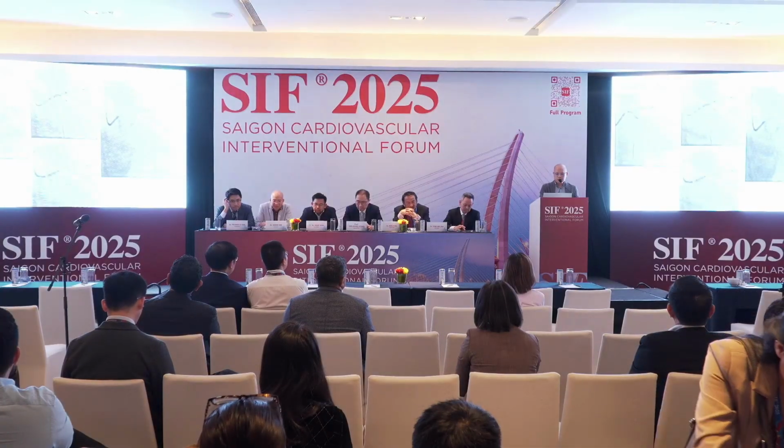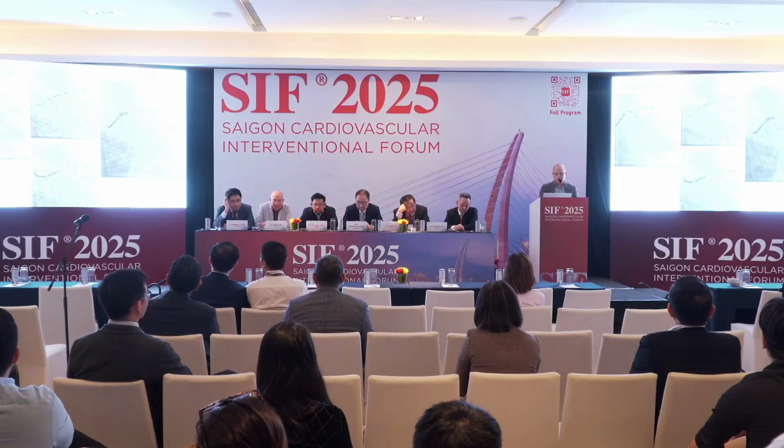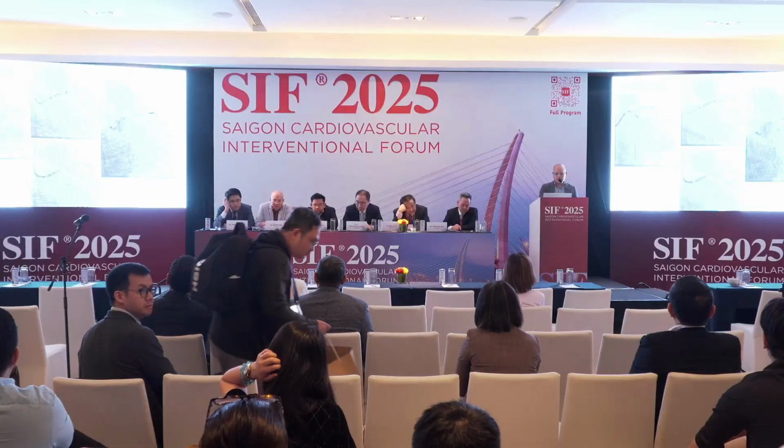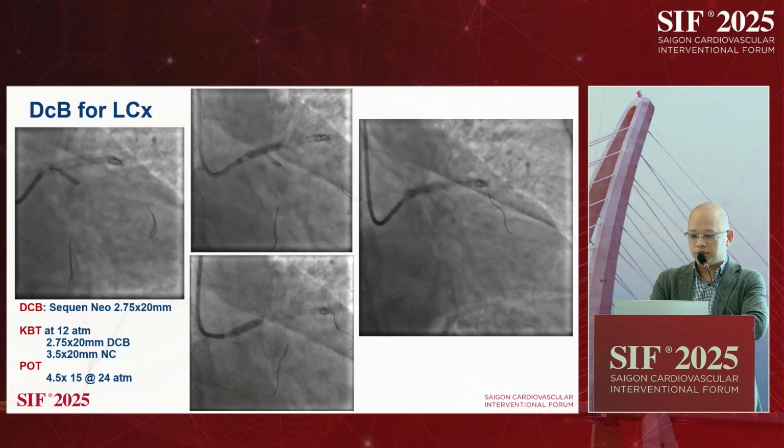And yes, we did DCB, which is 2.75 by 20 for the circumflex, and then we did the KBT for both the LAD and the circumflex, and we did the POT with the 4.50 balloon.